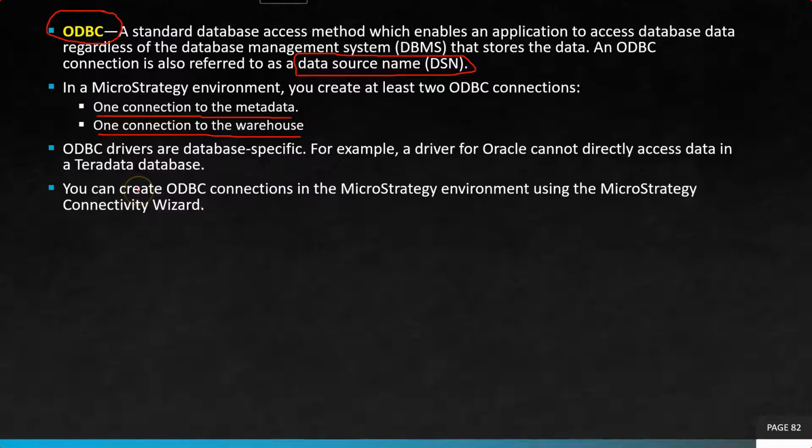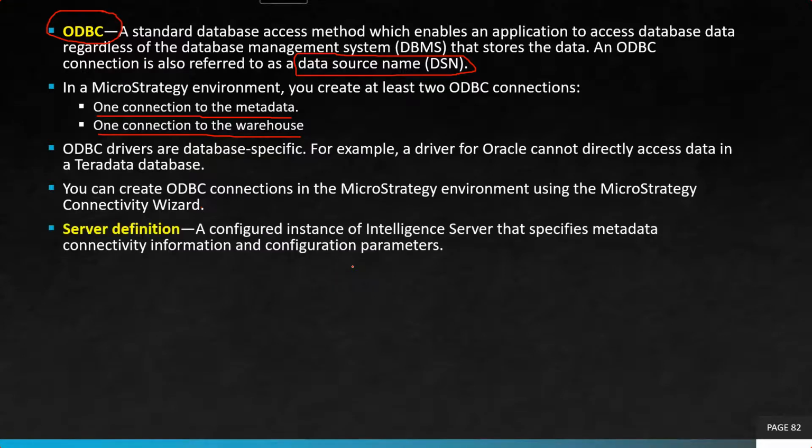Let's move to the second important component of your MSTR environment. Another one is the server definition. Here, the server definition is a configured instance of Intelligence Server that specifies metadata connectivity information and configuration parameters. This server definition keeps all your Intelligence Server information in its own file.